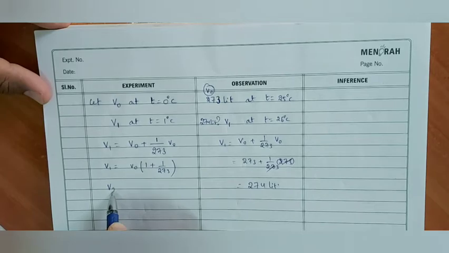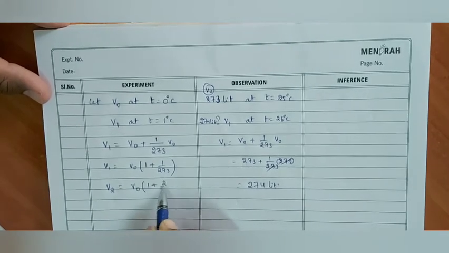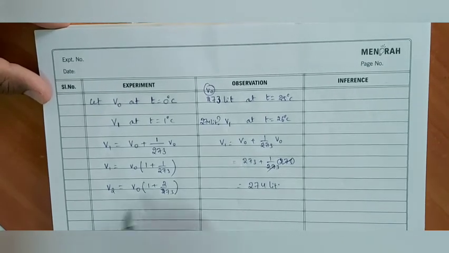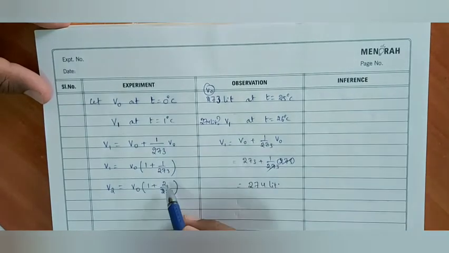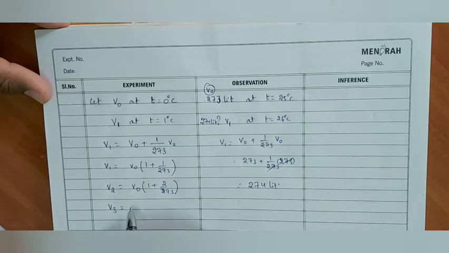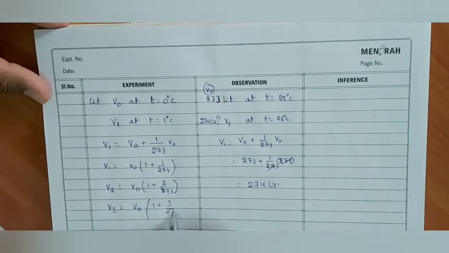Next, V2 is V0 into 1 plus 2 by 273. I increased from 0 to 2 degrees centigrade. Then here you will get 2 by 273. V3 is equal to V0 into 1 plus 3 by 273.